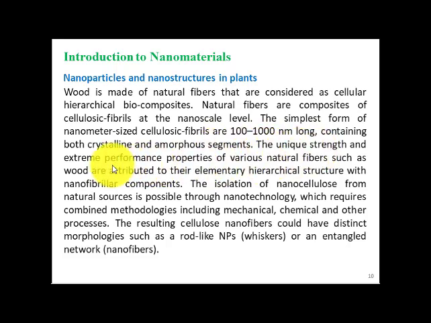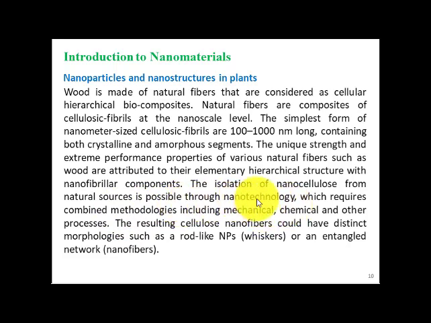The unique strength and extreme performance properties of various natural fibers such as wood are attributed to their elementary hierarchical structure with fibrillar components. The isolation of nanocellulose from natural sources is possible through nanotechnology.